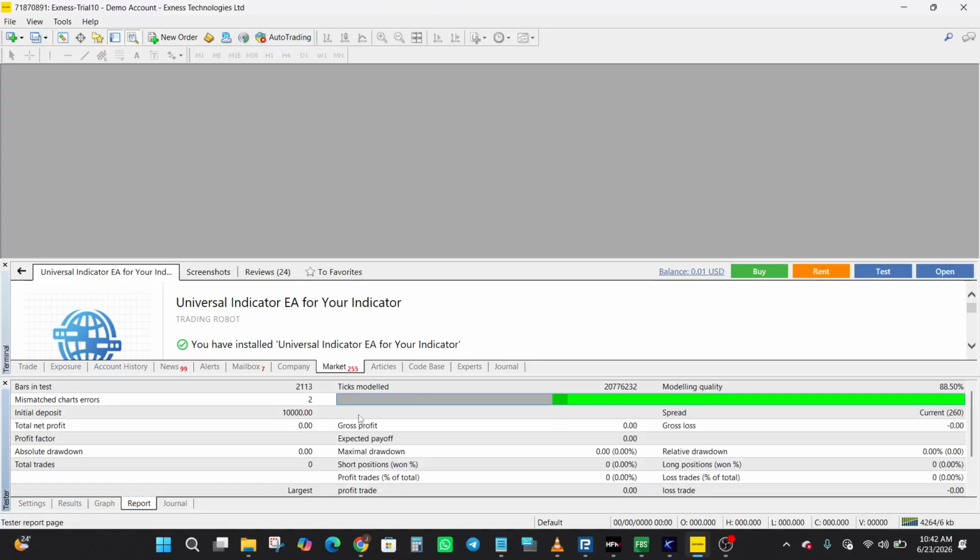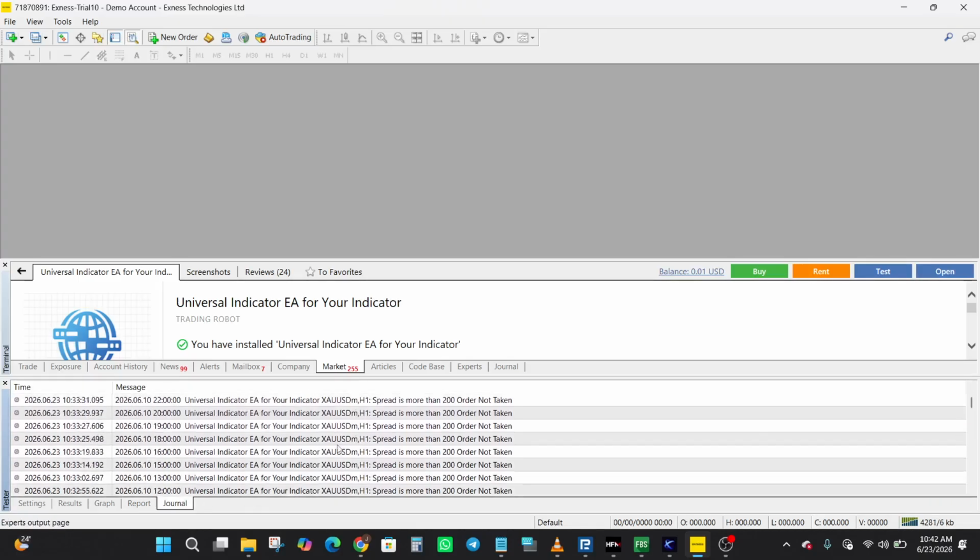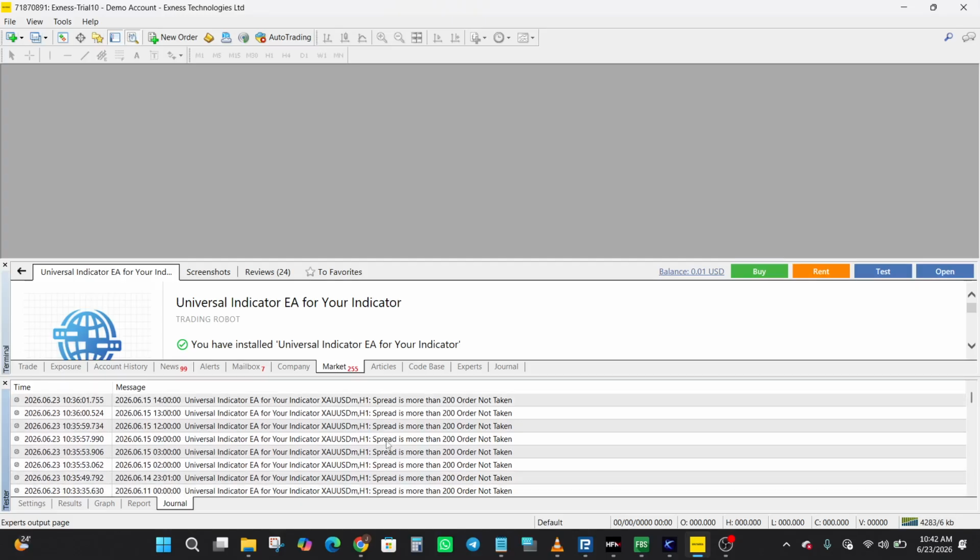All right, so remember that this EA is dependent on the indicators used, the strategy used, and all of that, right? So in this case, we didn't have a trade executed, and looking at the journal, there doesn't seem to be any error message. Okay, so this indicator requires some level of customization by the user.